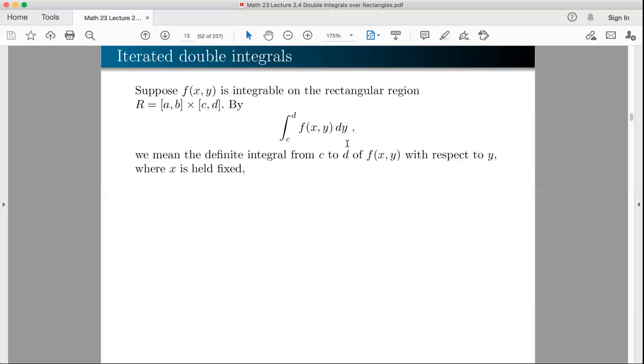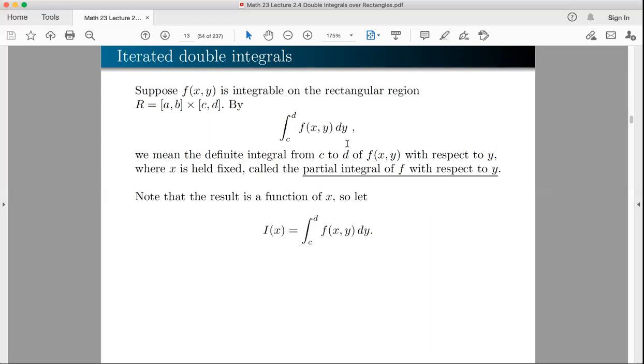That means we are holding x fixed. This is called a partial integral of f with respect to y. When you integrate with respect to y, and y takes the values c and d, the resulting function will be a function of x because you fixed x, so x is still there. So the result is a function of x, I of x.